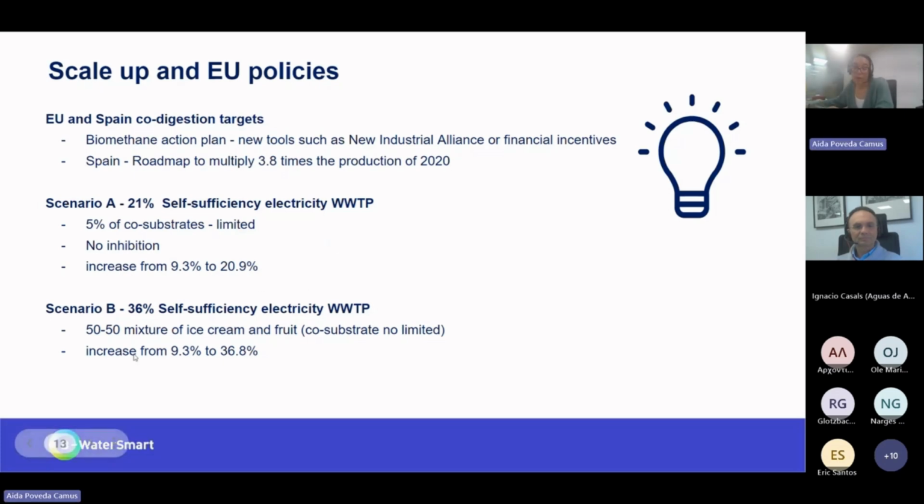In scenario B, even though we have to know that we're dealing with a theoretical proposal, we could be able to increase self-sufficiency in up to 36%. This would require sufficient quantities of waste to be available. Although the study has not been carried out mixing both wastes, there is no reason to expect negative effects.